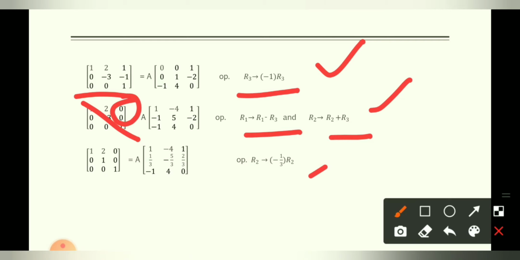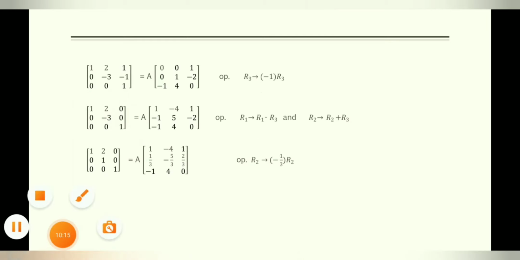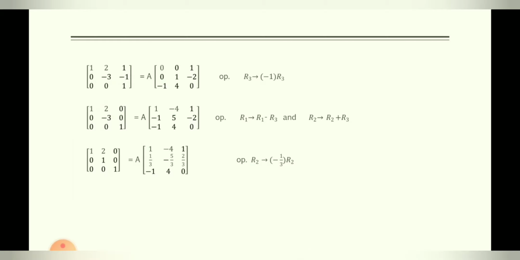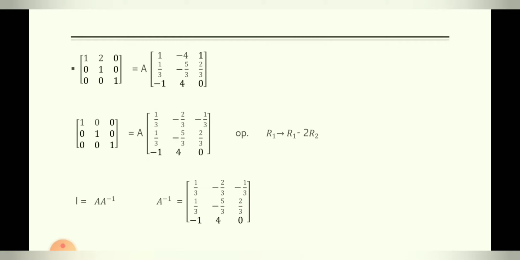So here you have only one element left, this 2, which you have to make 0. So this is also made 0 with the help of this element by taking -3 common, or you can say we divide by -3 and get 1 here, and you can subtract 2 into 1 from the first row and you get the element 0 here.